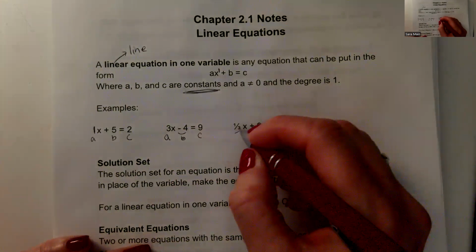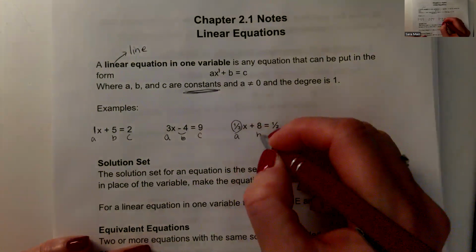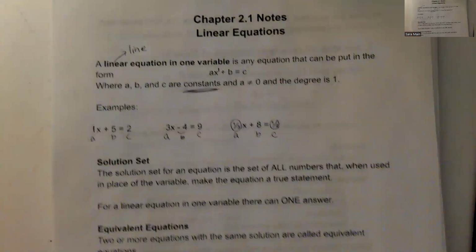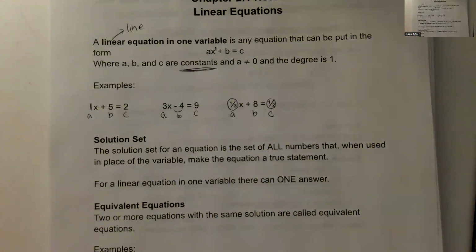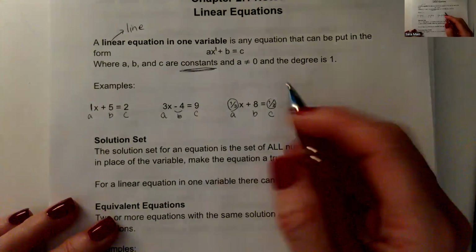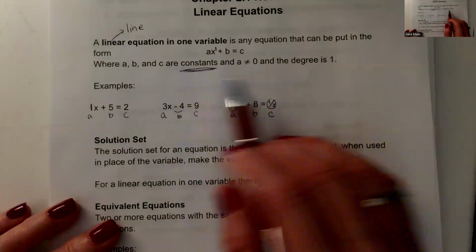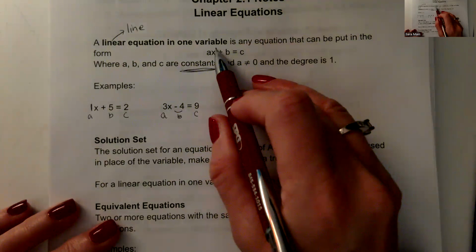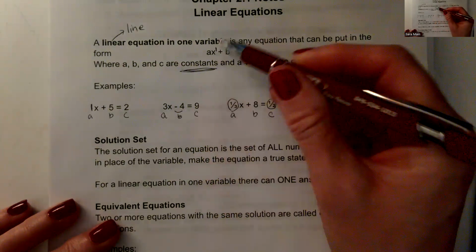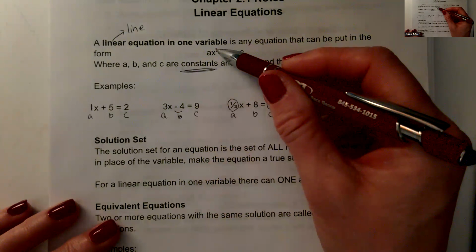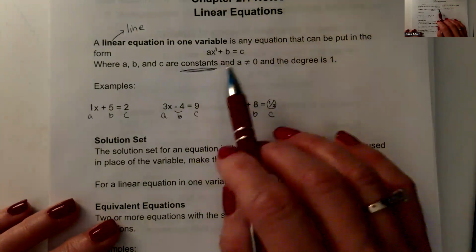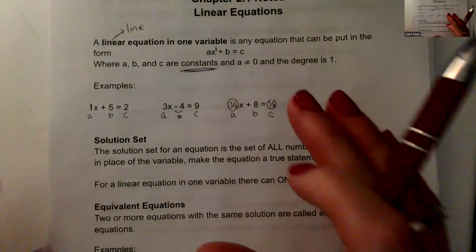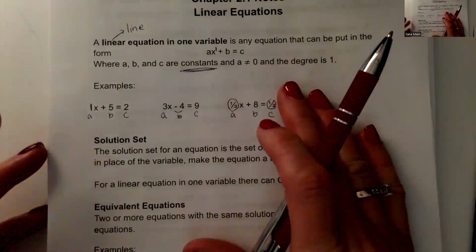A is 1/3, b is 8, and c is 1/2. So just helping you identify a linear equation. The main thing is that the degree is 1, where the x has an unsaid 1 as the exponent, which is a little number up to the top right. Every placement of every number in math has a purpose, and it's giving you clues to what's happening.